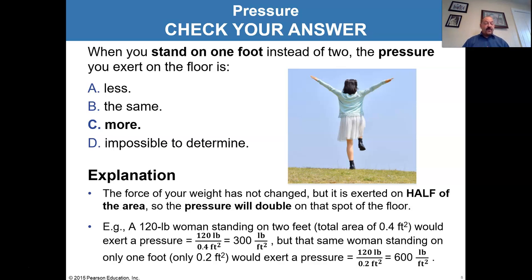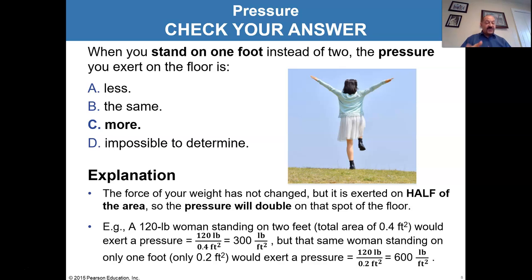So an example of that would be a 120-pound woman standing on 2 feet, and let's say her feet occupy a total area of 0.4 square feet. I know that's a double use of the word feet, but her human feet are standing on 0.4 feet squared of area. And so she exerts 120 over 0.4, or 300 pounds per square foot.